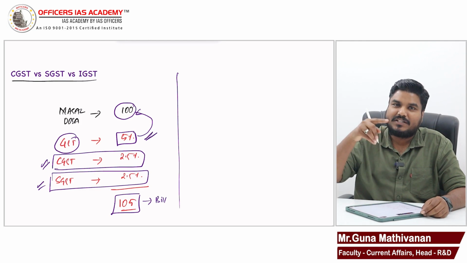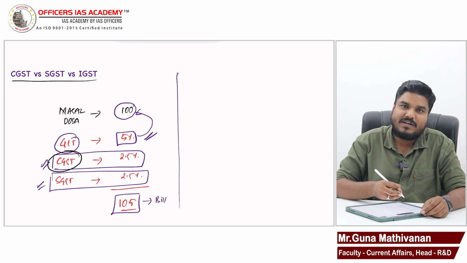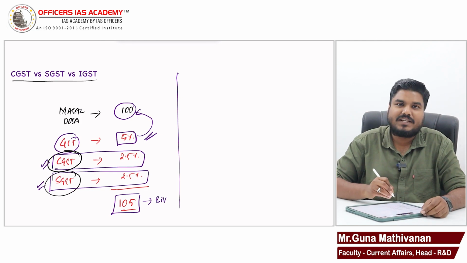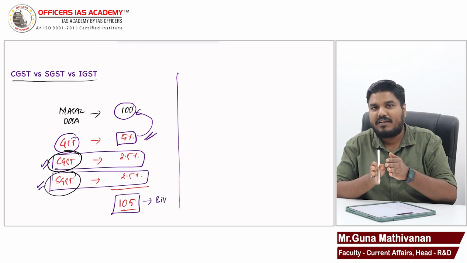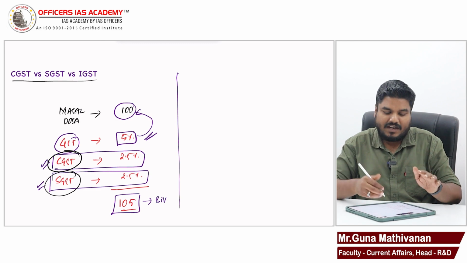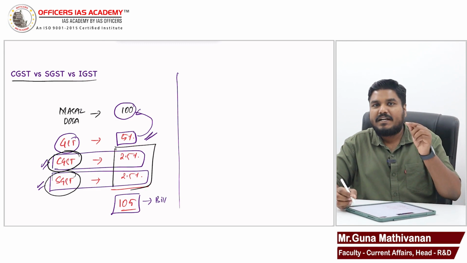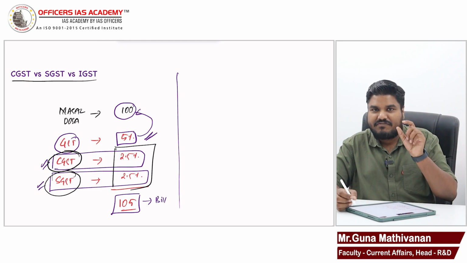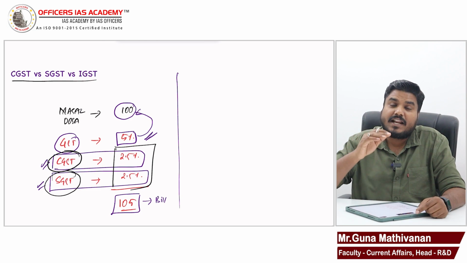In that 5%, 2.5%, that is 50%, goes to the central government and 50% goes to the state government. How that revenue got apportioned and distributed between center and state is what is given as CGST and SGST. But this CGST, SGST information you will find only in intra-state trade.